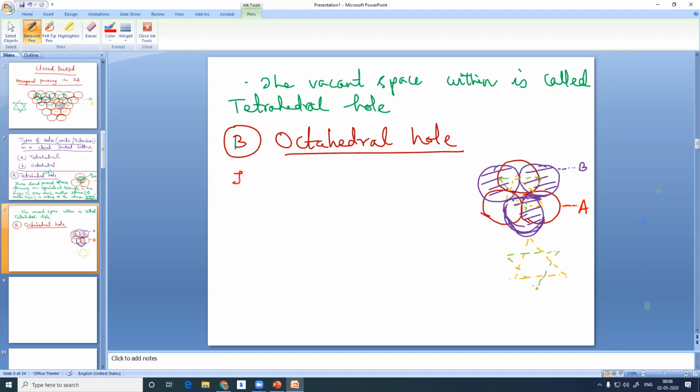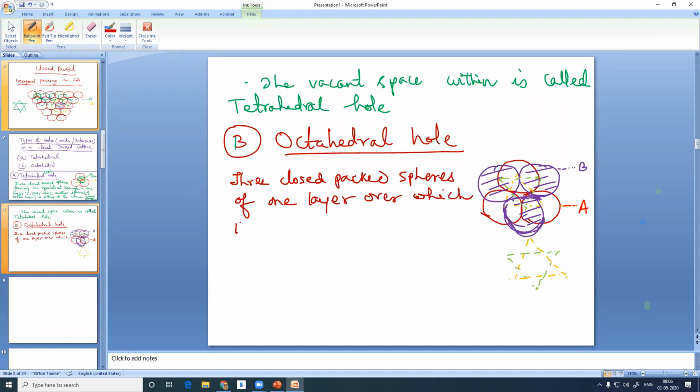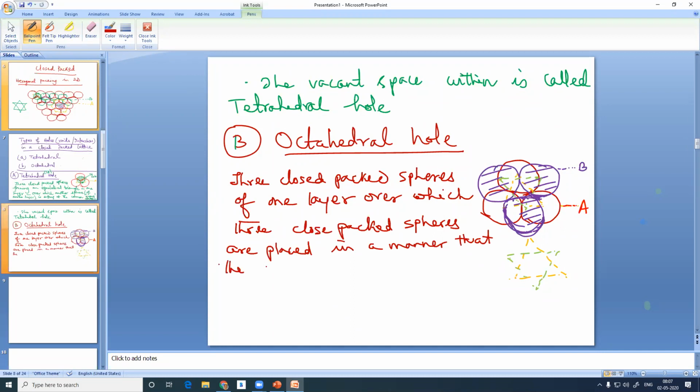Let us write down: 3 close-packed spheres of one layer, over which 3 close-packed spheres are placed in a manner that the spheres are placed in opposite direction.